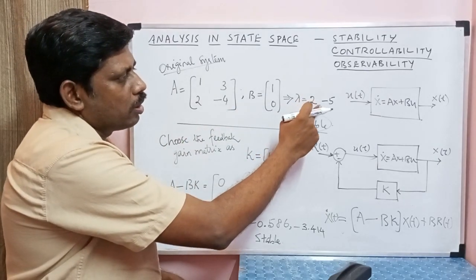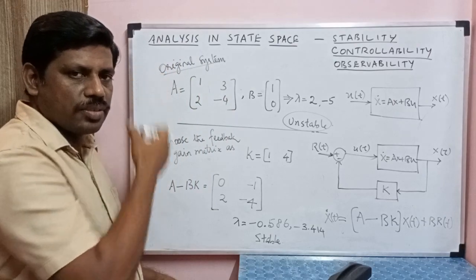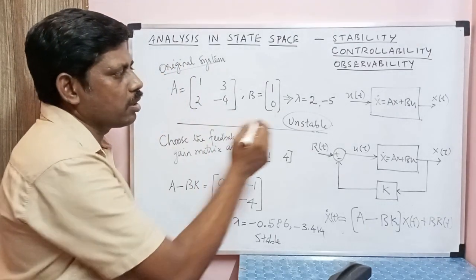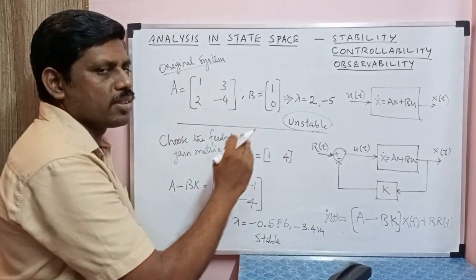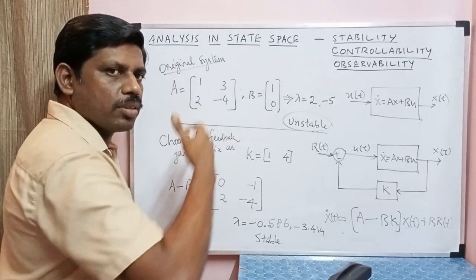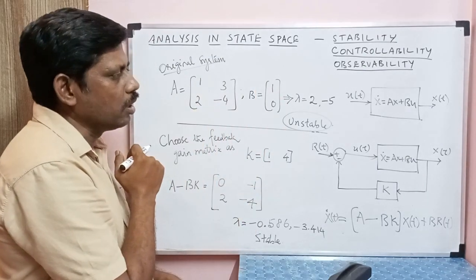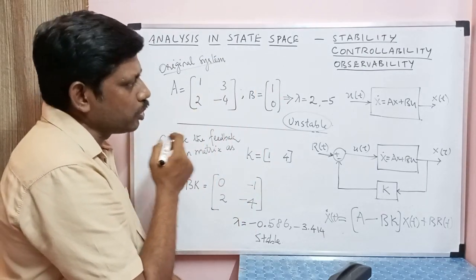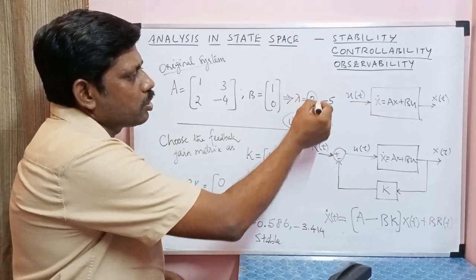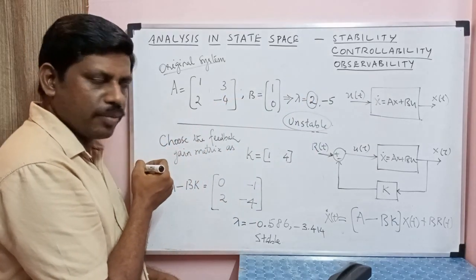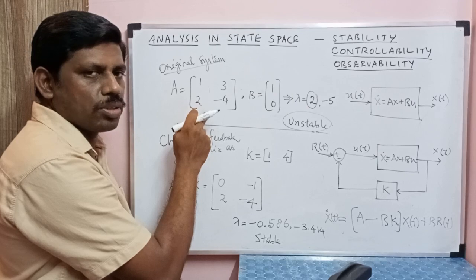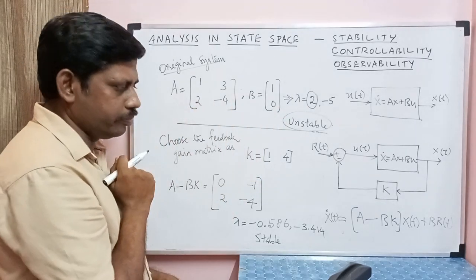Obviously, minus 5 falls on the left side of the complex plane, but 2, since it has a positive real part, falls on the right of the complex plane. Therefore, because of this eigenvalue, the system is going to be unstable.